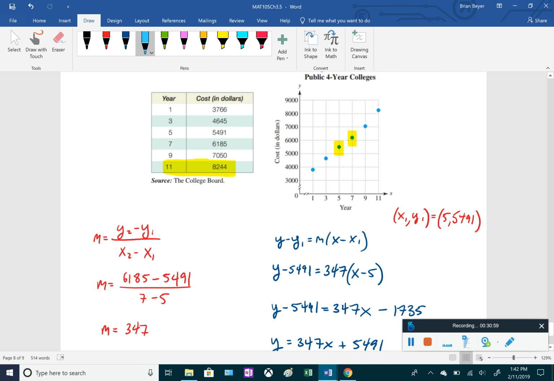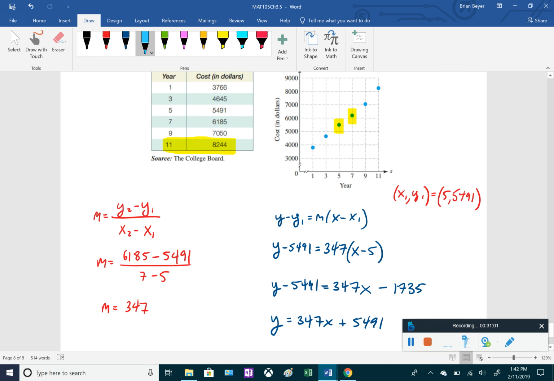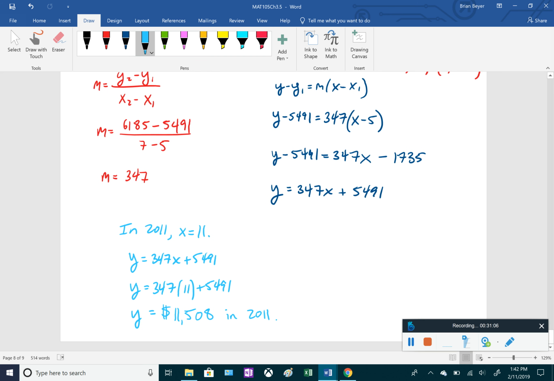Going back up to what it actually is, it's actually $8,244. So it actually did not model it very well. So I'll make a little note down here that the actual cost was $8,244. So it did not model it very well using our model here.